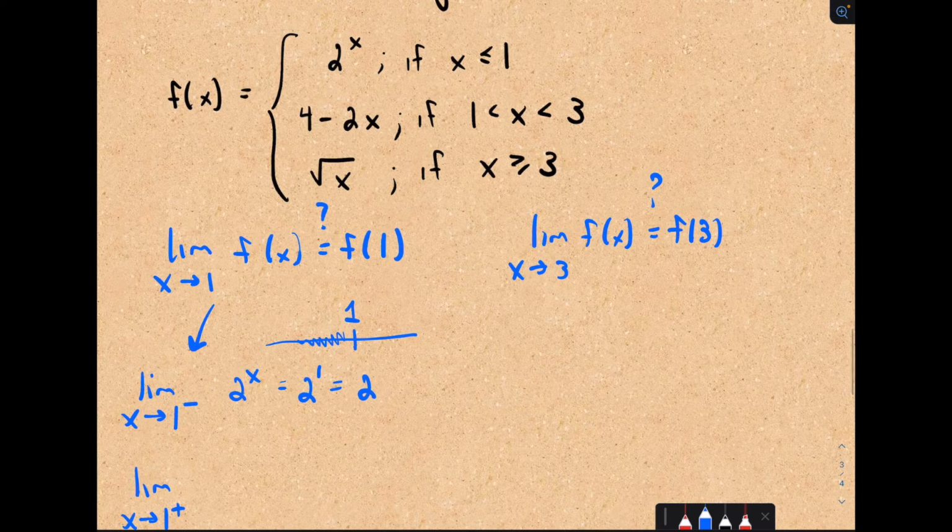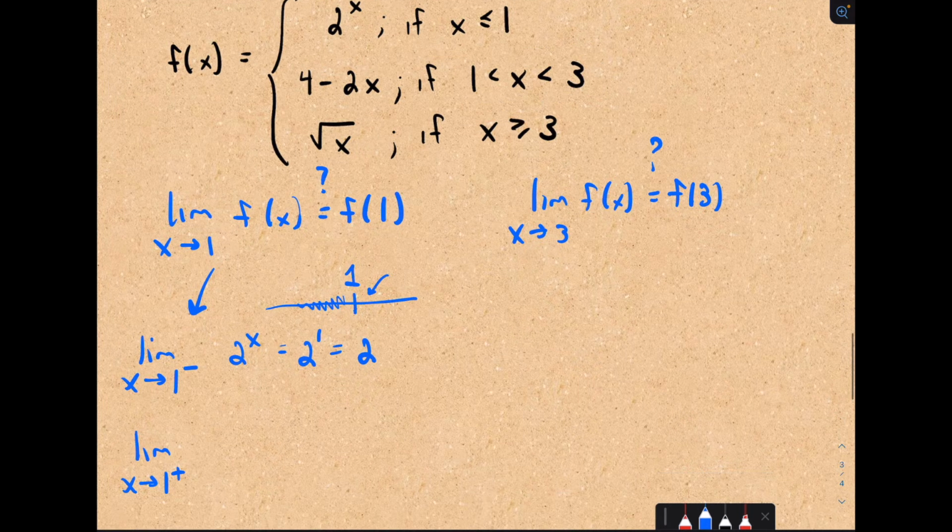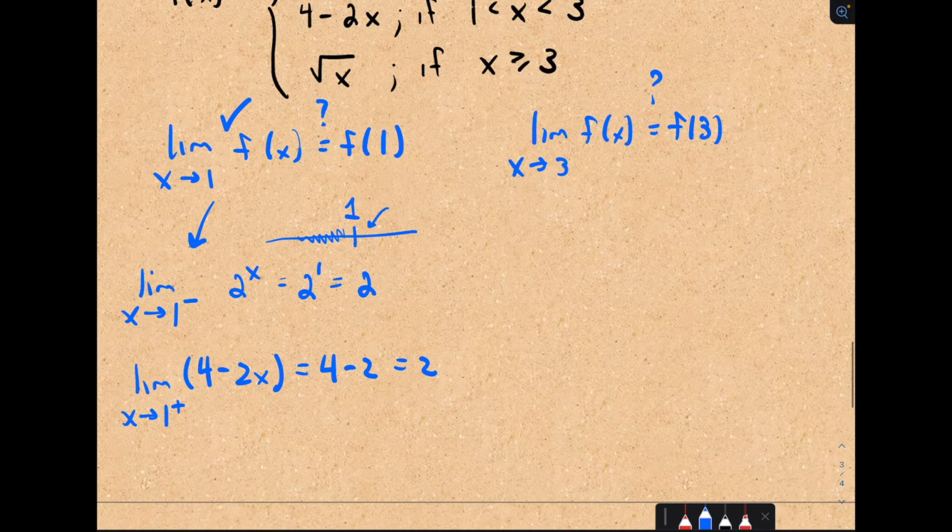Now, if I look at x approaching 1 from the right, that's going to be values just a little bit bigger than 1, and that would fall into this interval, x values between 1 and 3. So then I have to use my function 4 minus 2x. And if I plug in x equals 1, I would get 4 minus 2, or 2. So the limit exists. The limit equals 2.